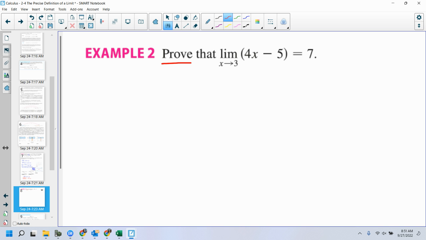Now, if I know what the limit is going to go to, I know that my a value is 3 and my L is 7, right? What I would like to say is that if the absolute value of x minus 3 is less than delta, I know that has to be true.